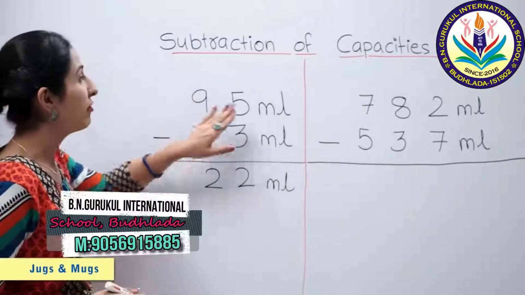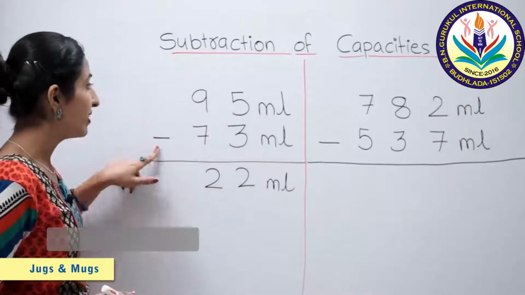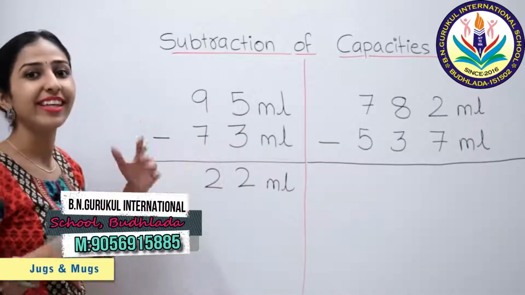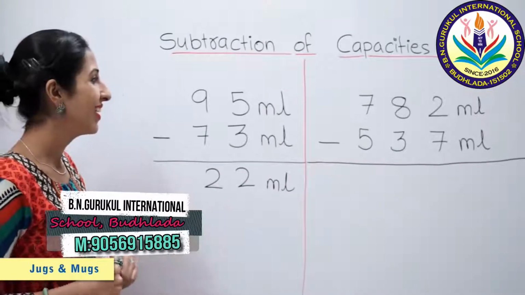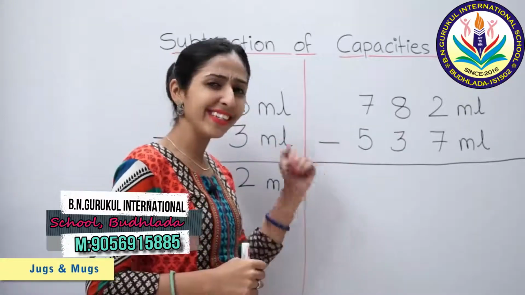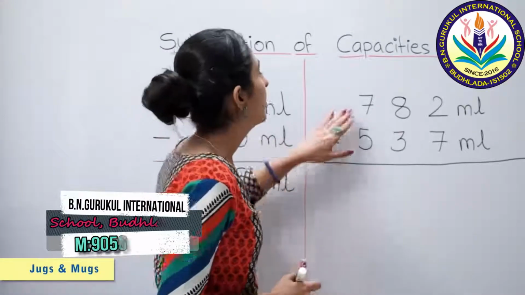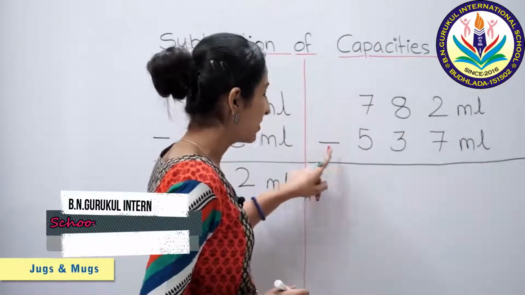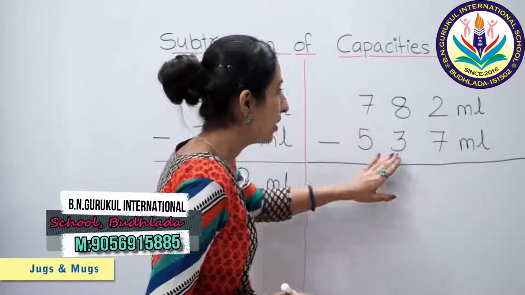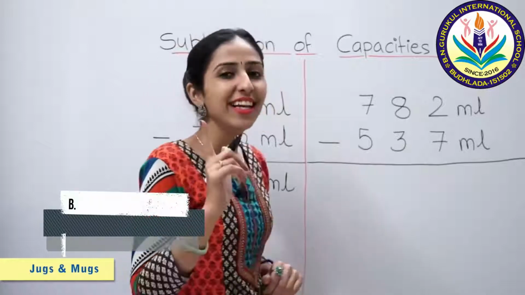So, 95 ml minus 73 ml is equal to 22 ml. Let's solve this example. 782 ml minus 537 ml. Let's find out.